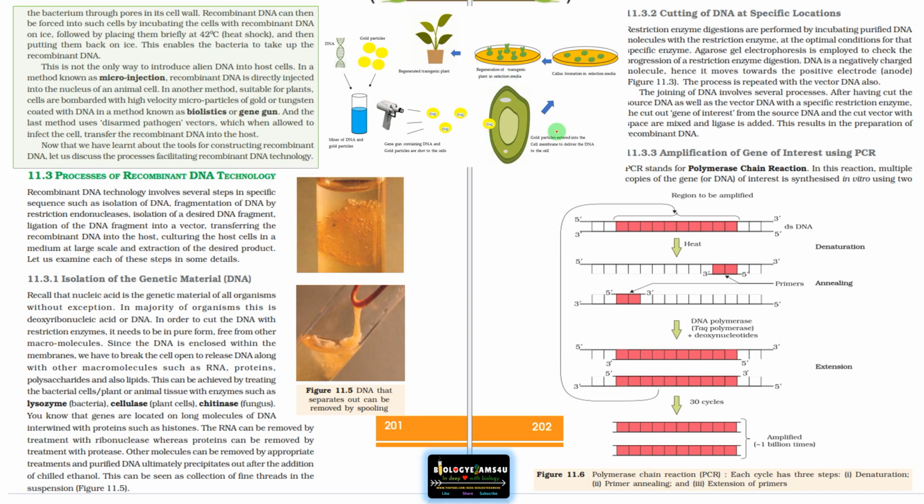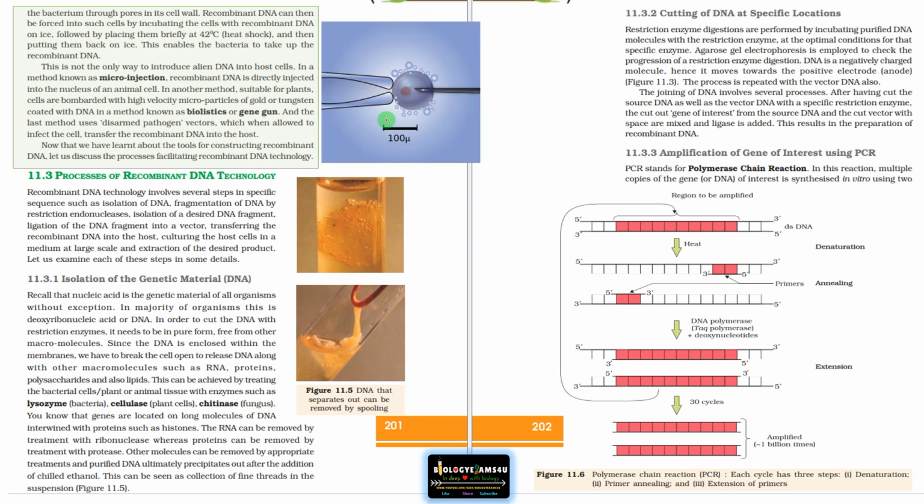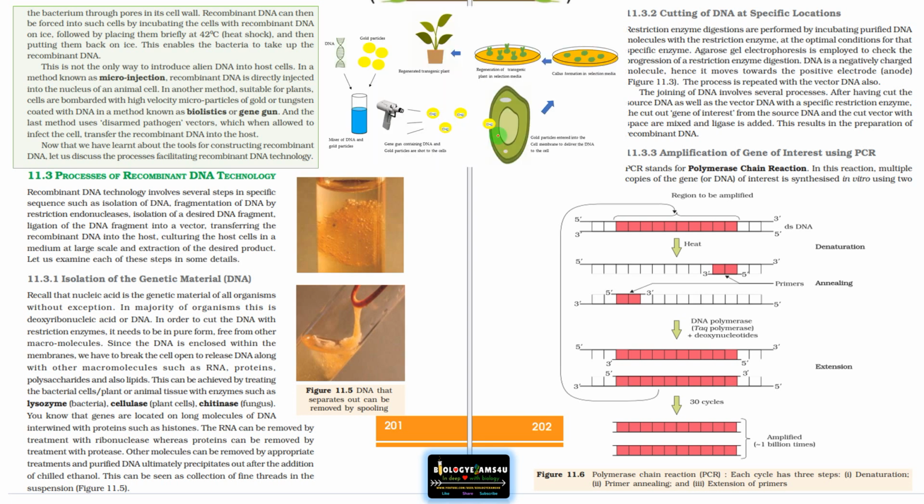That cell is then grown in tissue culture, finally forming a transformed plant, a transgenic plant. This biolistic method is widely used in plant cells because of the tough cell wall made up of cellulose. Then disarmed pathogen vectors are used. Disarmed means the gene causing pathogenicity is replaced with our gene of interest, and that is transferred into the host.